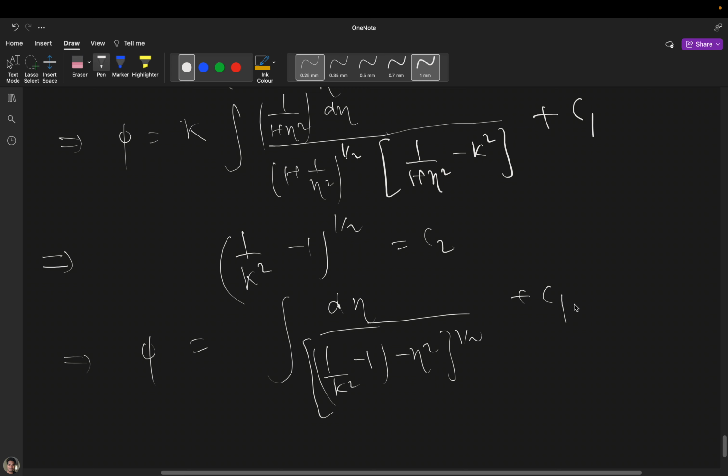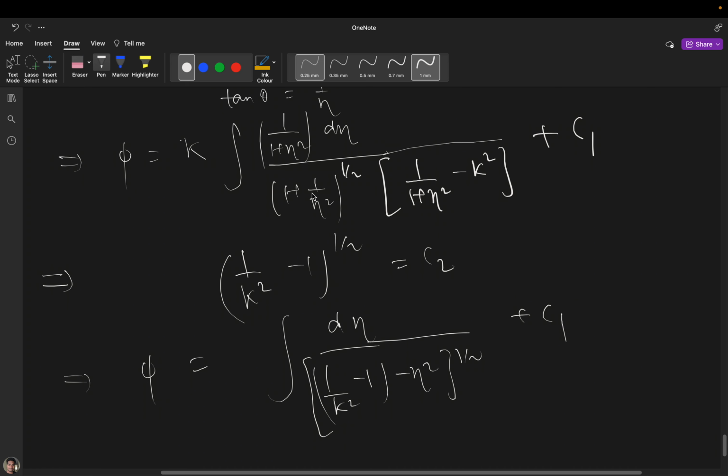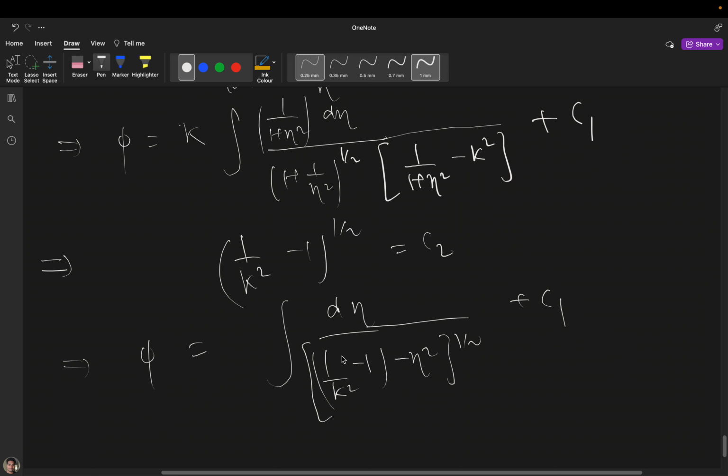Are you getting what happened here? Here you can see this will be cancelled out. 1 plus eta square, 1 plus eta square whole will be cancelled out. Then I kept another constant; when you simplify all this, it will become this.